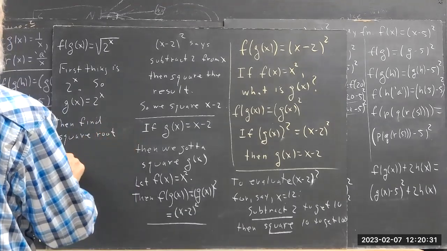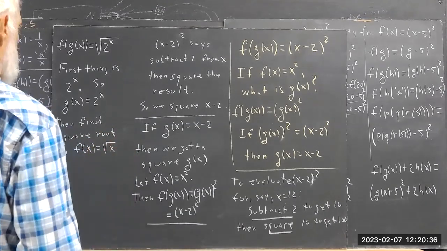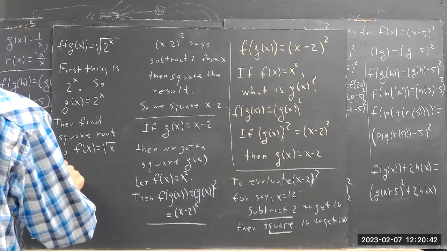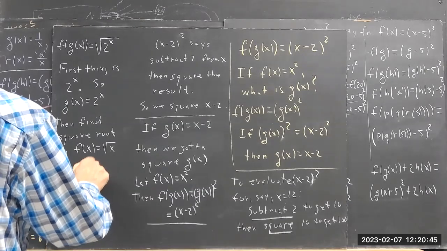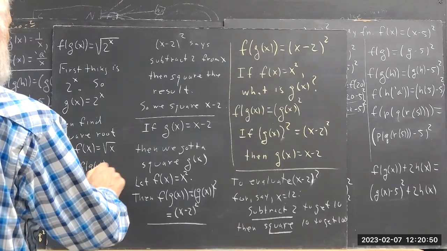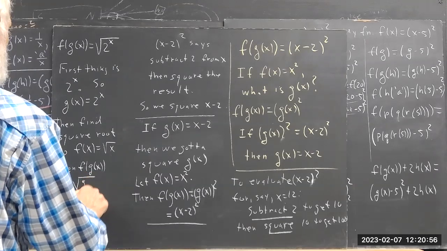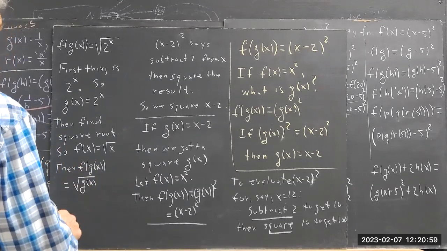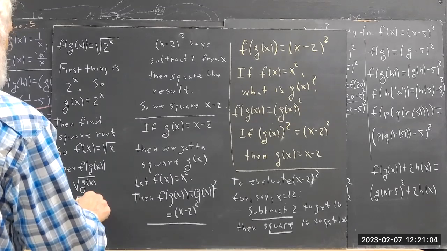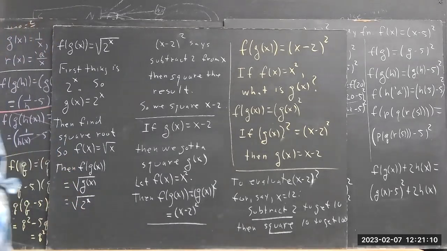Then we find the square root. So f of x equals square root of x. Then f of g of x is the square root of g of x. And g of x is 2 to the x. So that's the square root of 2 to the x.